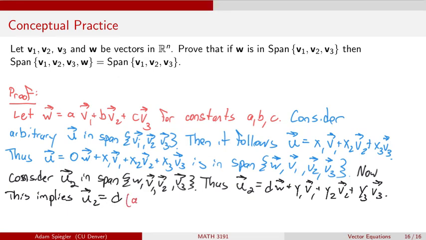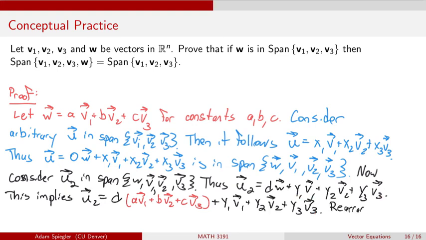I'm going to replace w with our assumption. We knew that w is in the span of v1, v2, and v3. So I'm going to replace this w with our assumption that it can be written as a linear combination of those three vectors. And then I still have my y1 v1, y2 v2, y3 v3 at the end.